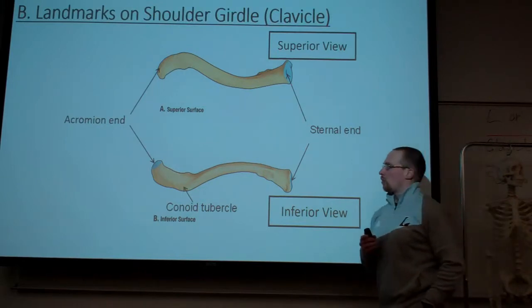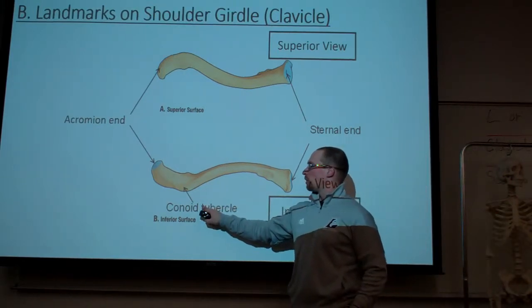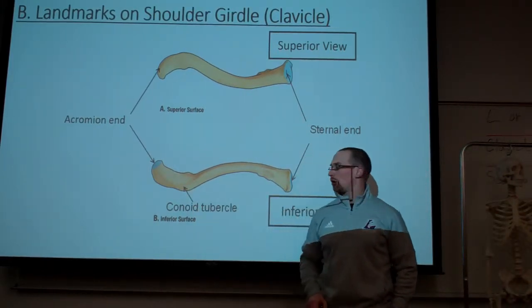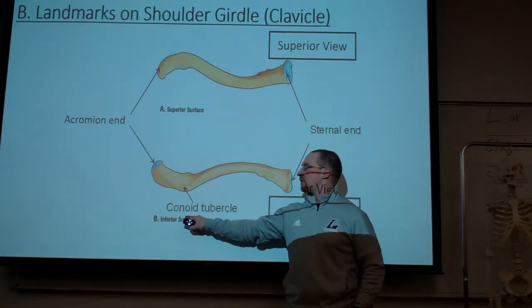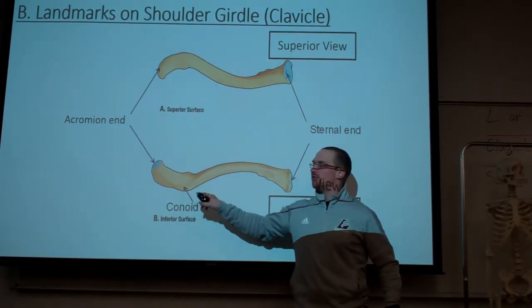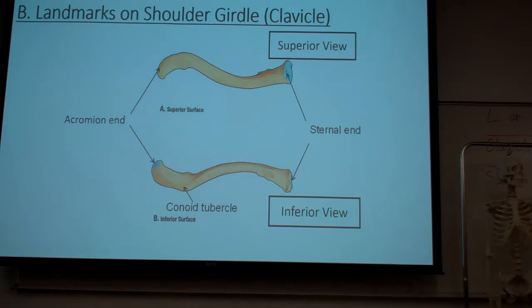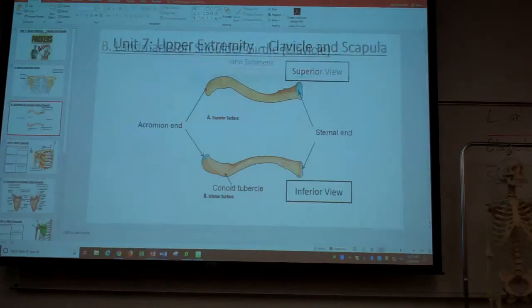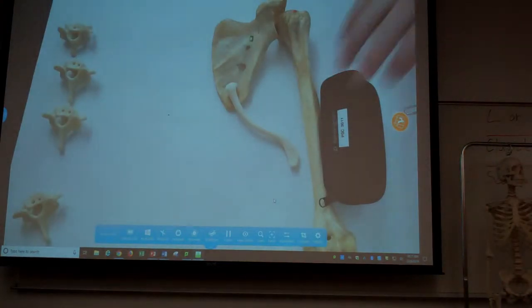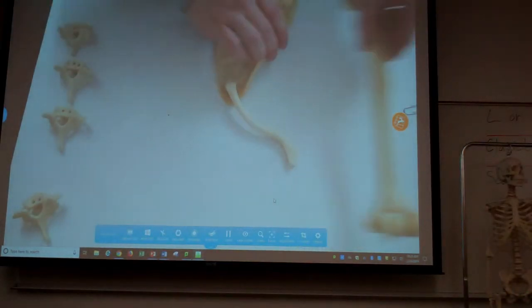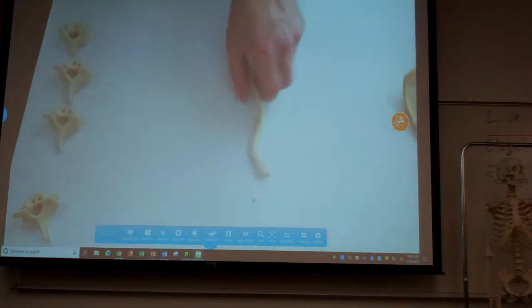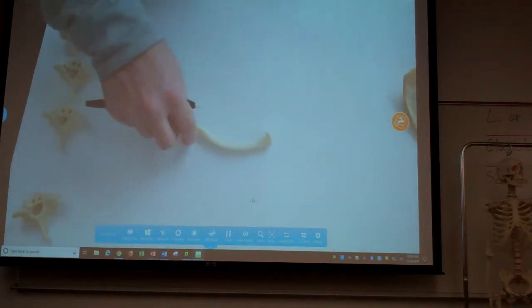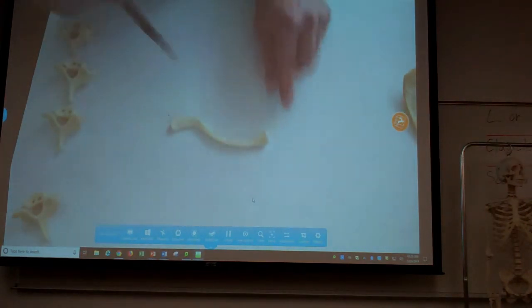The only other landmark we're going to worry about is the conoid tubercle, which is on the inferior portion of the clavicle. So here's my clavicle.